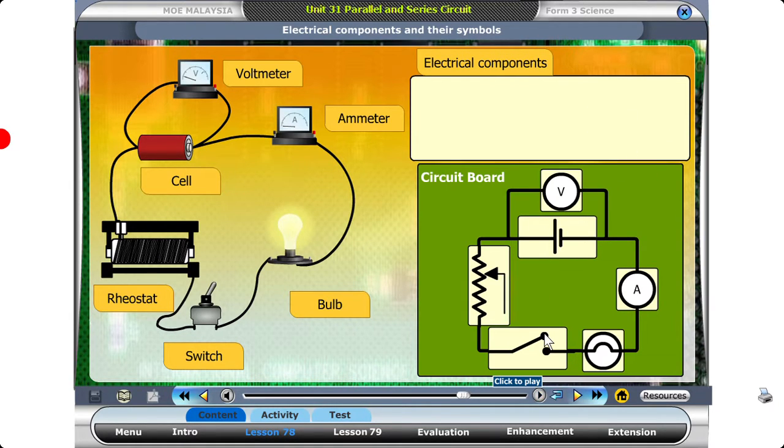Excellent! You have successfully matched the electrical components to their symbols.